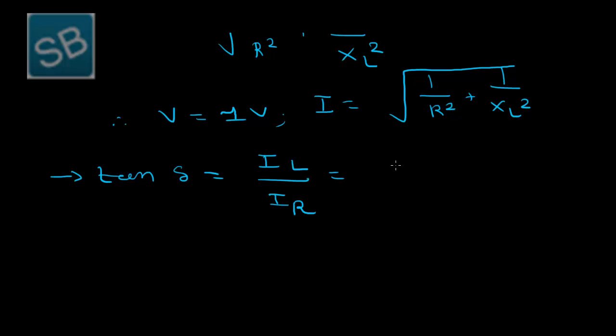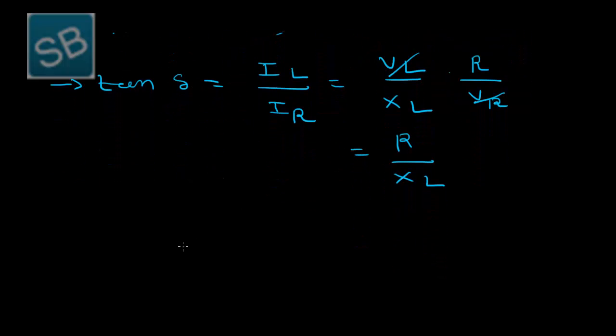Substituting the values of IL and IR, that is VL over XL into R over V, or in particular VR, the final value of tan delta is R over XL. Therefore, the phase difference delta between voltage V and current I phasor is tan inverse R over XL.